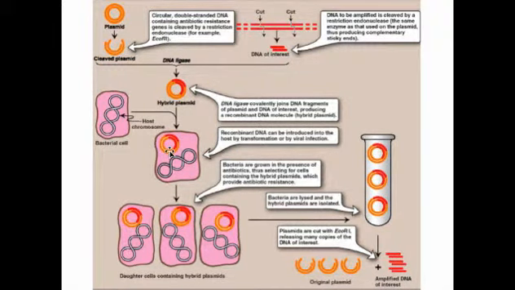And so you can have a bacterial cell that can have many plasmids produced in it, and we're talking on the scale of hundreds to thousands.